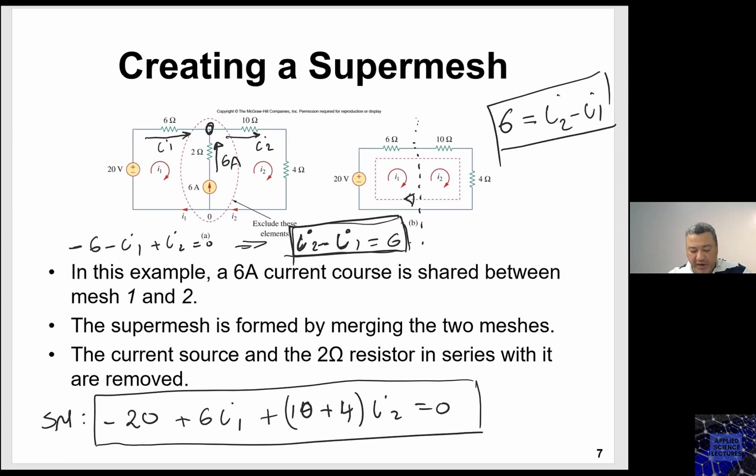Here is where this binding equation can help me solve for those two variables. This binding equation basically says that the current I2 is greater than I1 by 6 ampere, right? The current I2 is greater than I1 by 6 ampere. Why? Because this current source created this binding expression. Any question about the super mesh?